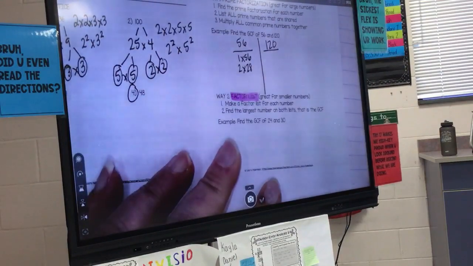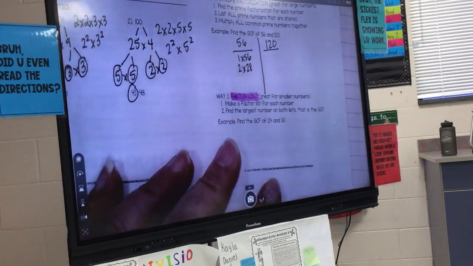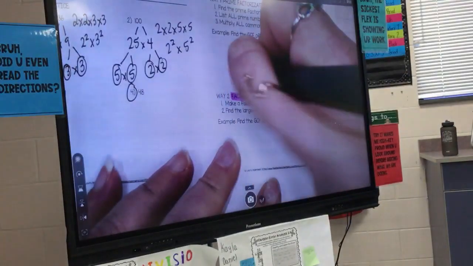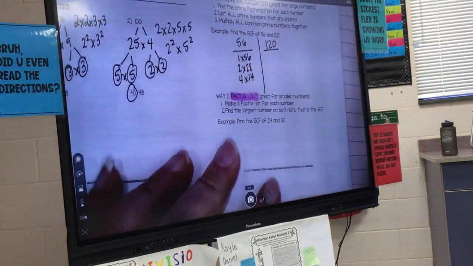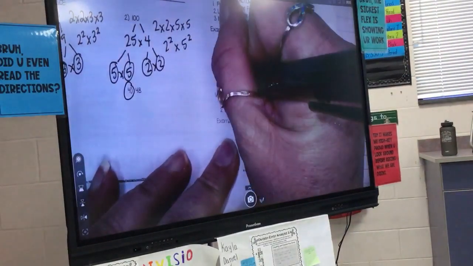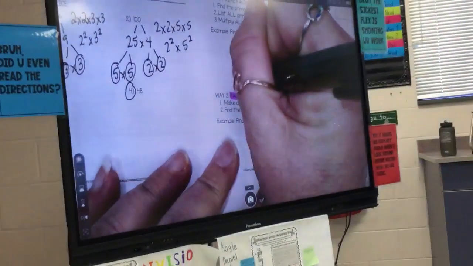Just give me the factors. So we have 1 times 56, 2 times 28, 3 doesn't work, 4 times 14, 5 doesn't work, 6 doesn't work, 7 times 8. Okay, that's it.